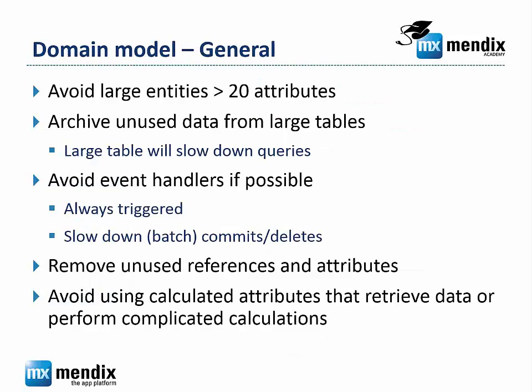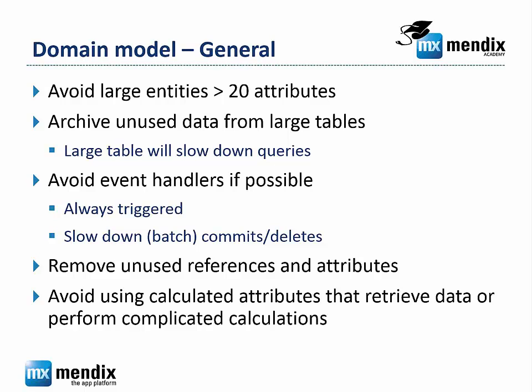So what can you do within your domain model to optimize performance? The first thing is you want to avoid large entities. If you have over 20 attributes, then you might want to rethink your domain model, because you could be not normalizing it correctly.